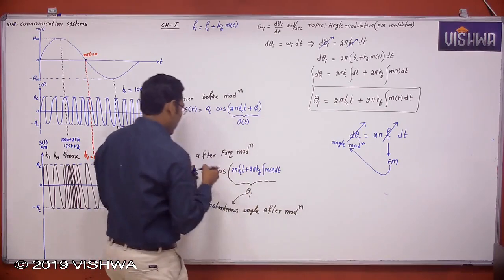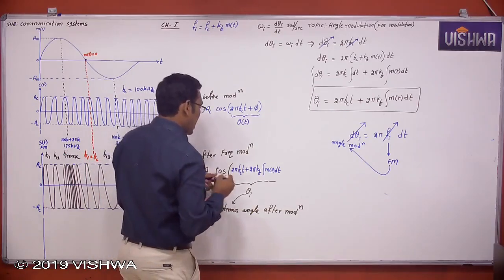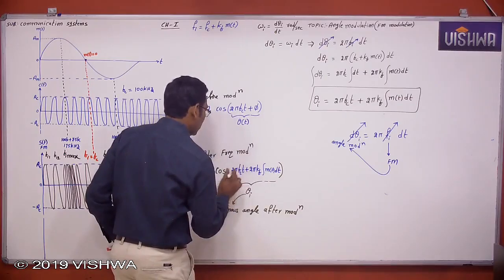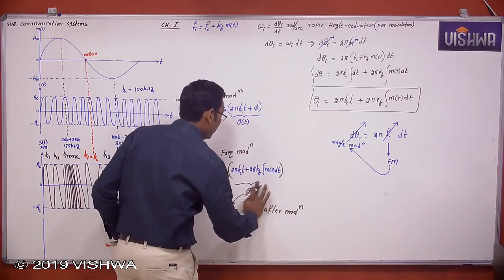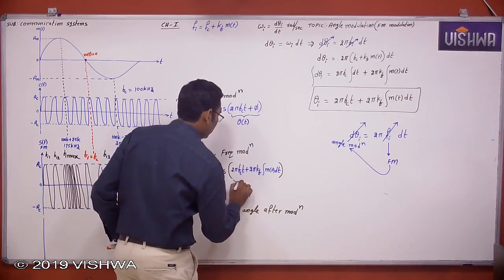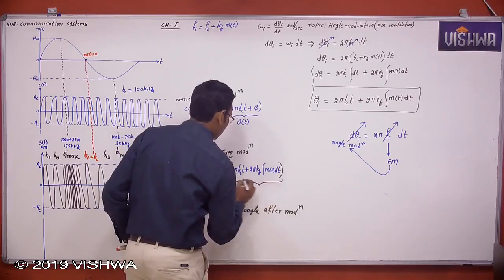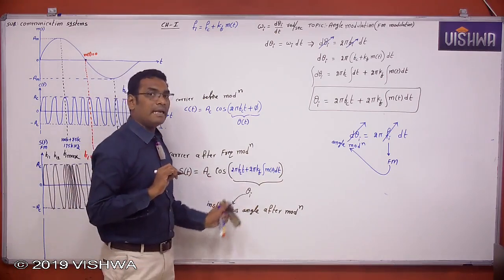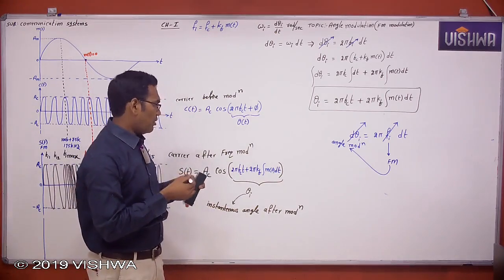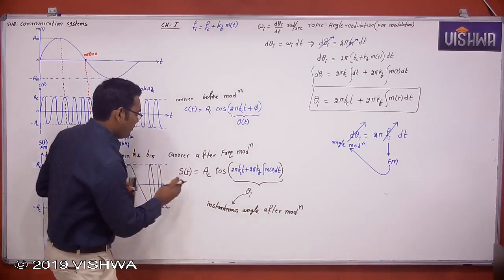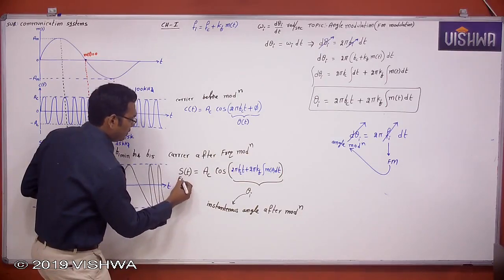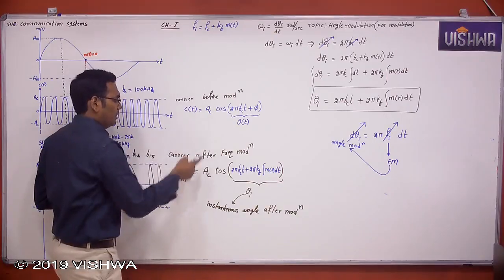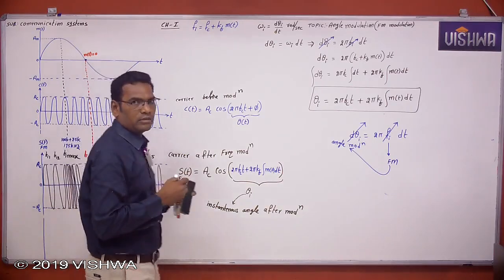This is the instantaneous angle after FM modulation, and this is the angle before modulation. This is the FM wave in time domain, this is the FM carrier before modulation, and this is the carrier after modulation.